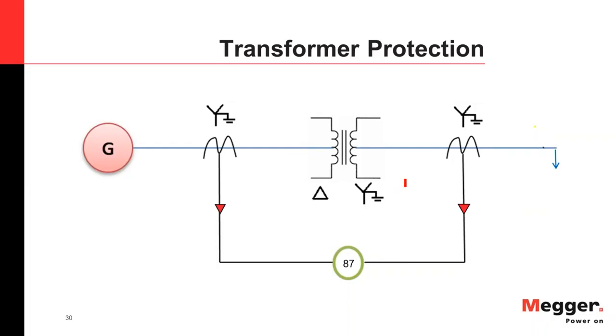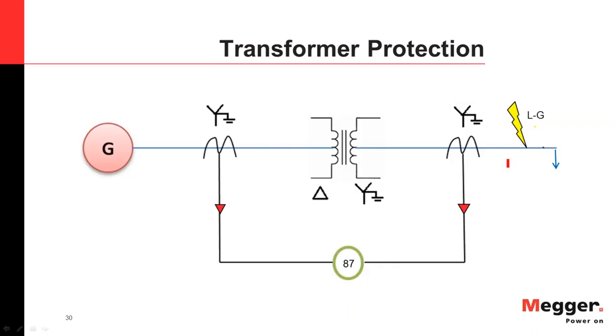But in this scenario, there is a catch. As I said, transformer differential protection is only for internal faults. By internal, I mean that if any fault happens between these two CTs, I will protect and I will trip the transformer breaker. But what if I have an external fault? Let's say it's a line to ground fault.